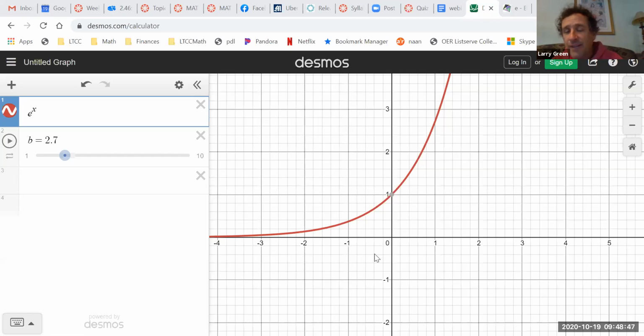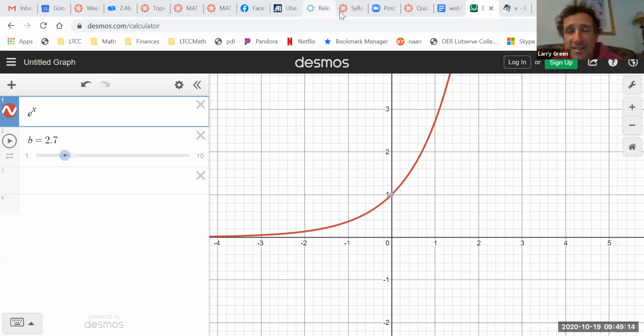Hopefully you know that if you draw a horizontal line, you'll never find a horizontal line that crosses more than once. You could draw a horizontal line below the x-axis and it has 0 crossings, or above the x-axis and then it has 1 crossing, and that makes it an invertible function. If you switch the x and y's and try to solve, you're not going to be able to do it.